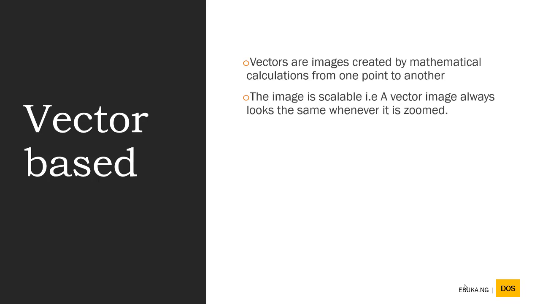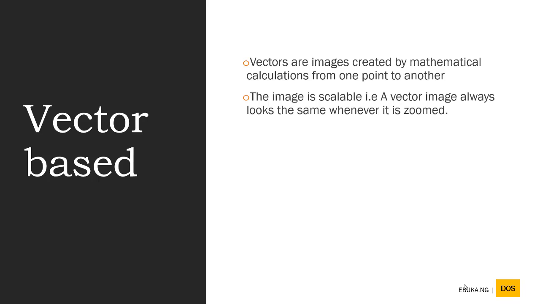For instance, when you want to do photo editing, you cannot do that on a vector based graphics. You have to do that on a pixel based one, because photos are usually pixels.